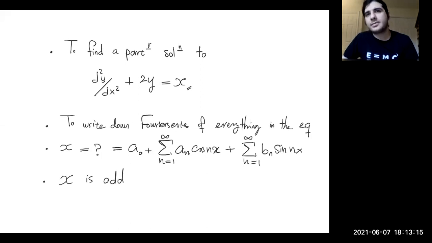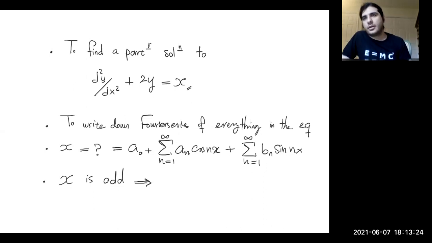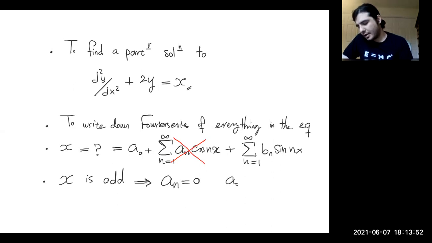I saw that in the comments we also have this note. So x is odd. What does it mean? Remember the function cosine of nx is even, right? When we have an odd function, none of these cosine terms would appear in the equation. So all of these terms which have cosine are 0. It means the terms an are 0. These terms do not appear at all. So we only need to find a naught and bn.